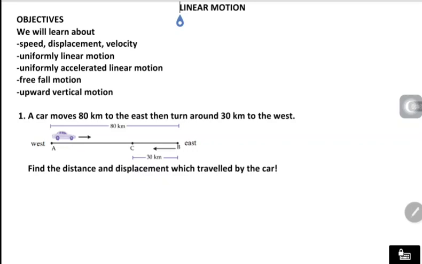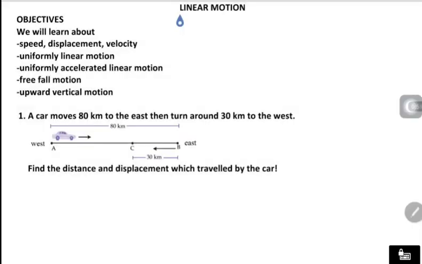We also learn the difference between speed and velocity. Then we learn about uniformly linear motion, uniformly accelerated linear motion, free fall motion, and upward vertical motion. Okay, we begin problem number 1.